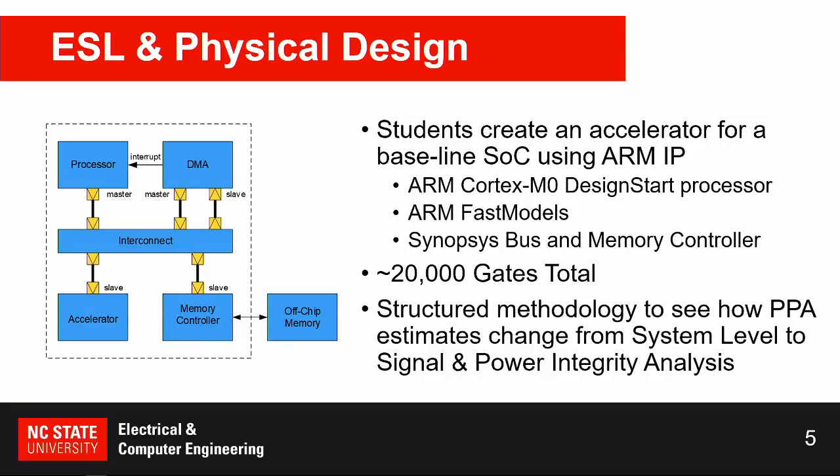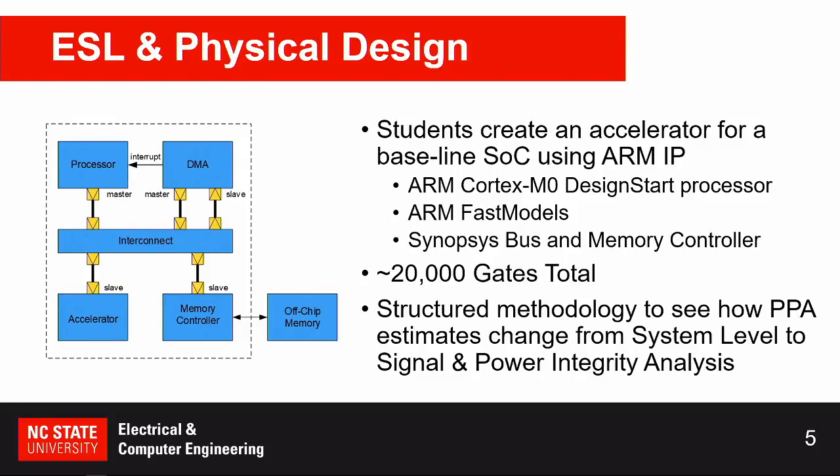It's got about 20,000 gates total, which is enough to force them into this very structured methodology where they don't have time to really hack things, but they have to observe this very careful methodology and show the whole thing working.